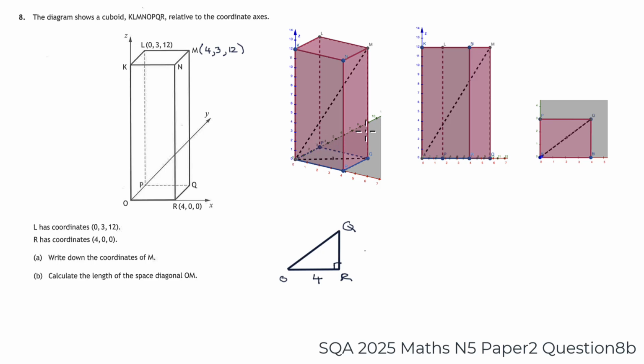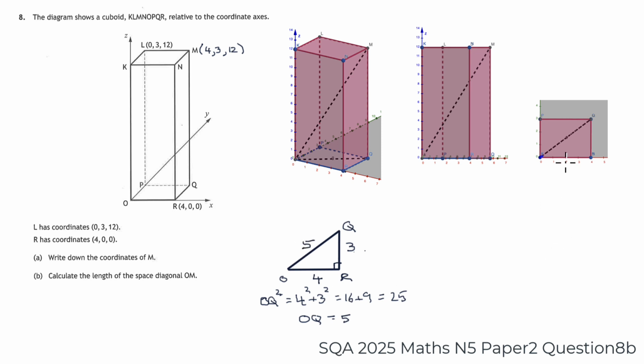That's the one that goes parallel to the y-axis. And those of you that are familiar with right-angled triangles recognise this as a 3, 4, 5 triangle. But we'll just show the working for that. OQ squared would be 4 squared plus 3 squared. That's Pythagoras' theorem. And that's 16 plus 9, which is 25. Square root of 25 is 5. So OQ is length 5.